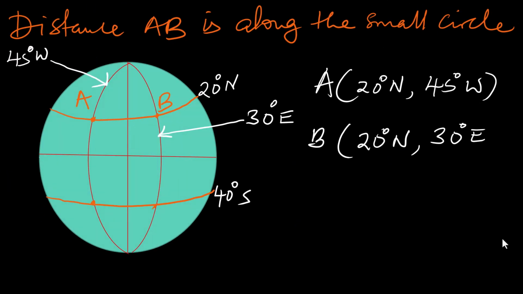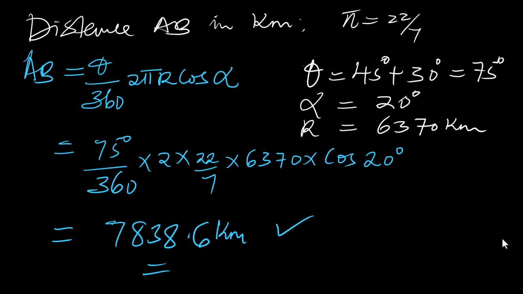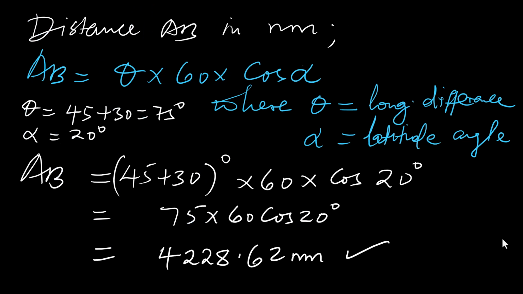They lie on the latitude 20 degrees north, so the latitude angle will be 20 degrees. Having that, and you have the radius and pi, we just substitute in the formula. So distance AB is equal to 75 degrees over 360 times 2 pi r cosine of latitude angle, and that will give 7838.6 kilometers.